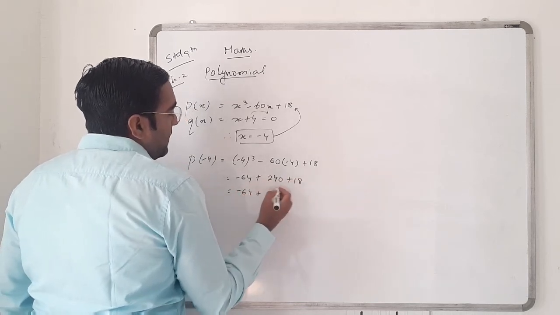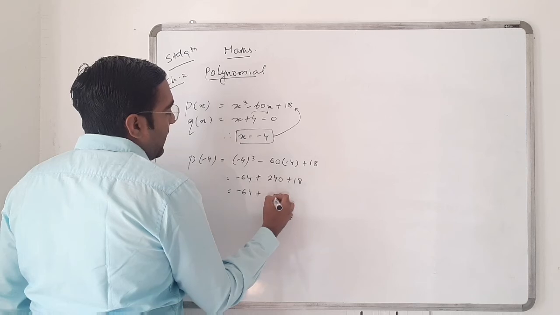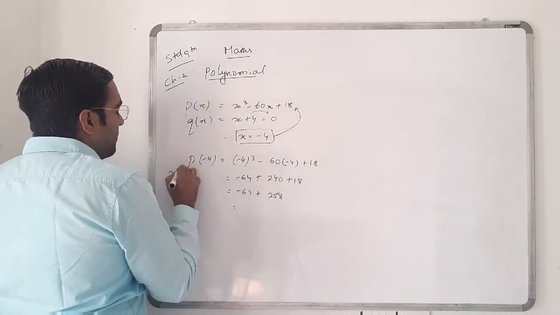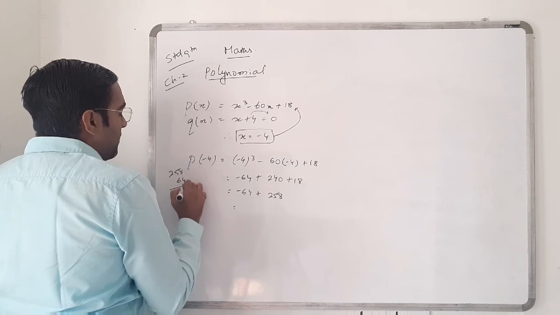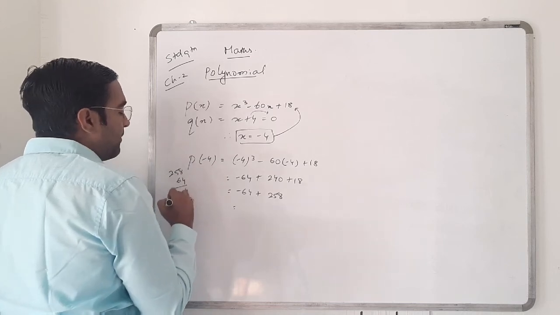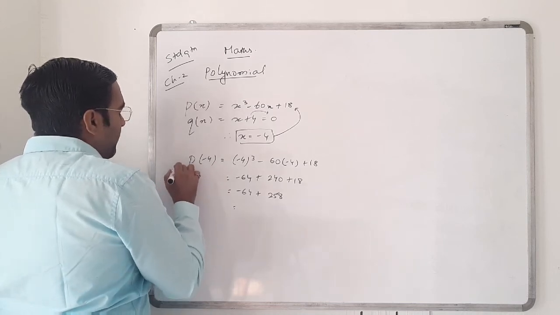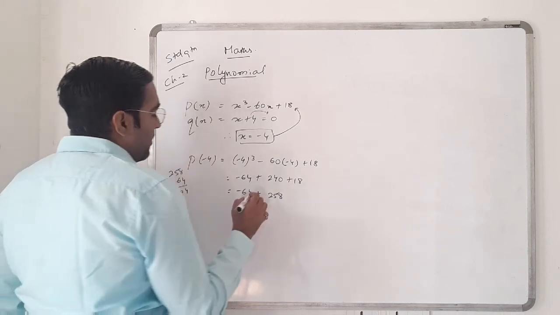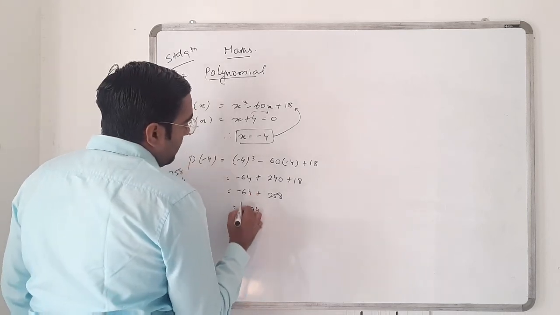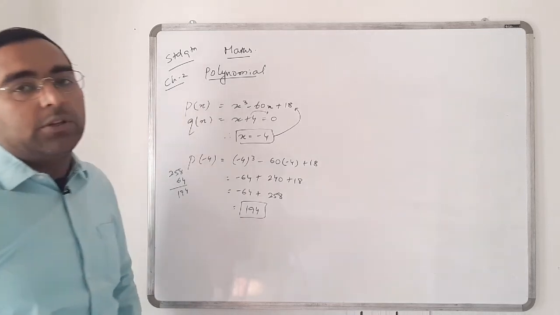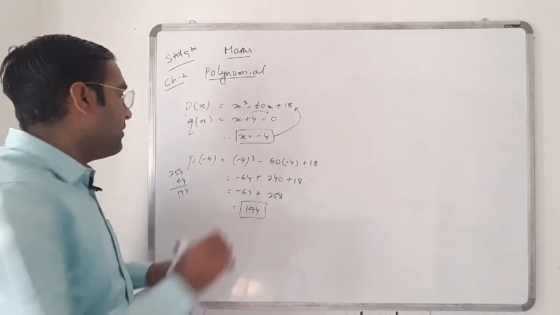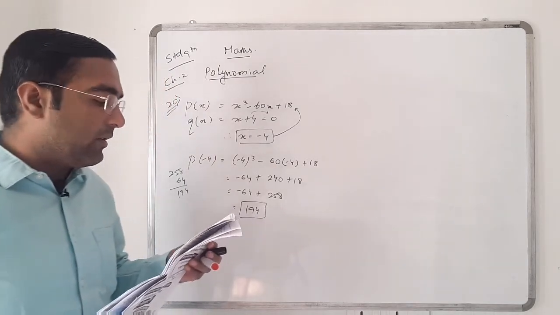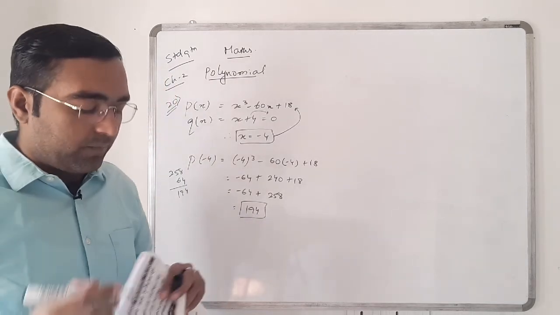So minus 64 plus 258, that is 194. That is your answer for the remainder of question number 20. So the remainder of question number 20 is 194.